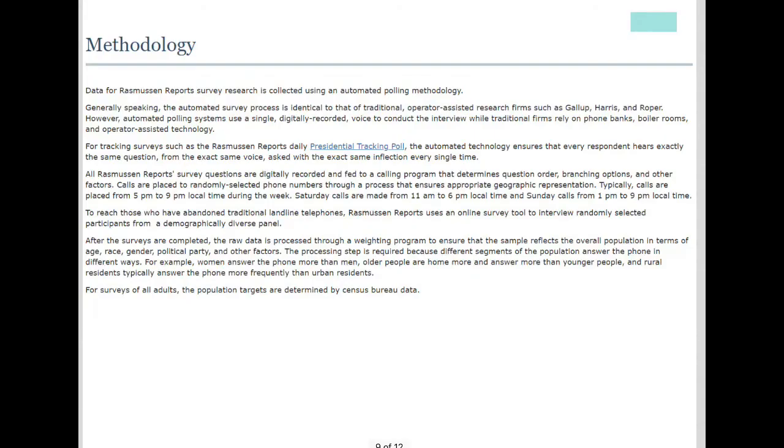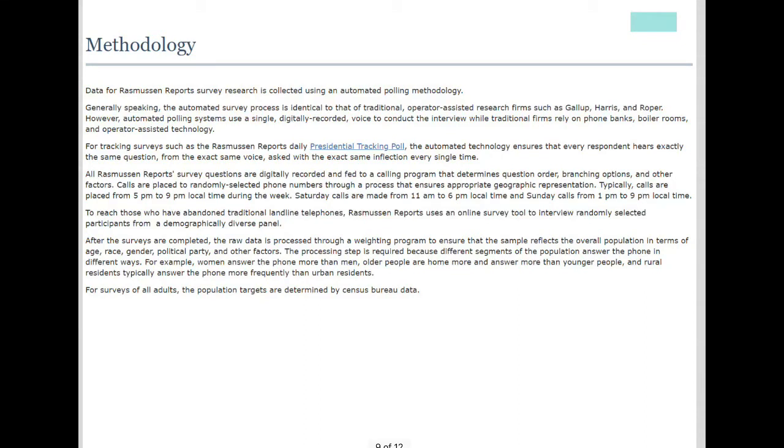So I just snipped the methodology there for this exact same study. I'm not going to read you the entire methodology. You can read it if you like, but basically just to summarize what they did here is it does tell us that they did automated calls and they randomly selected the people who they called.